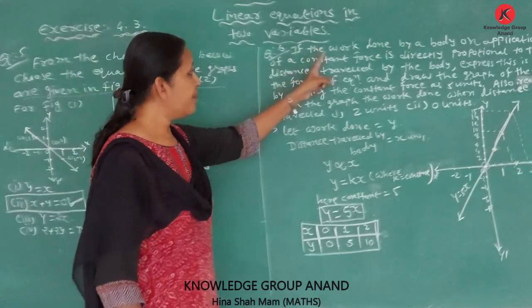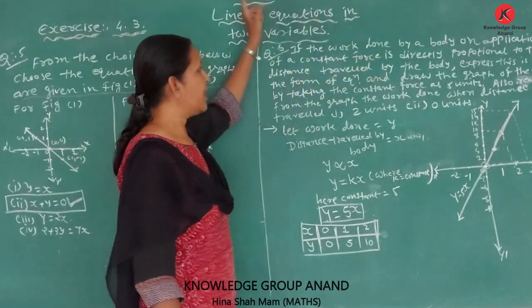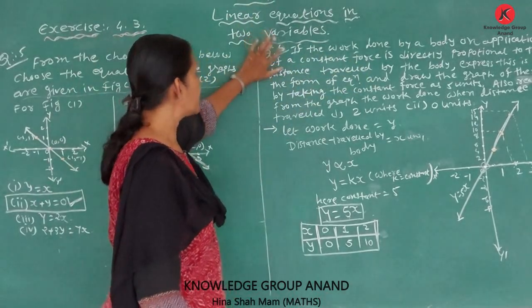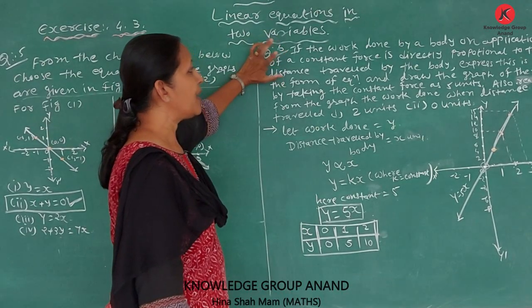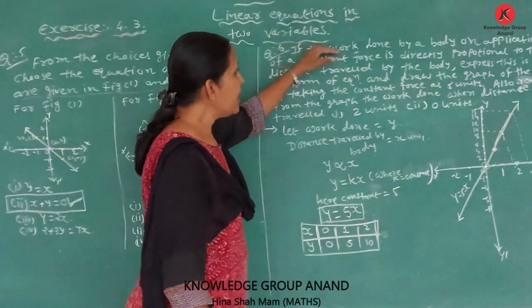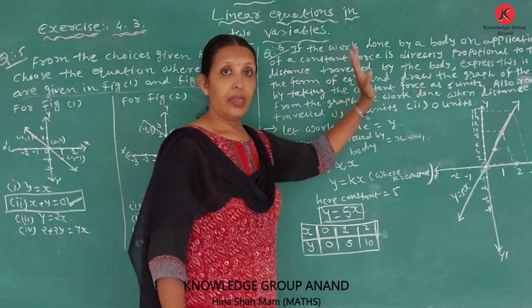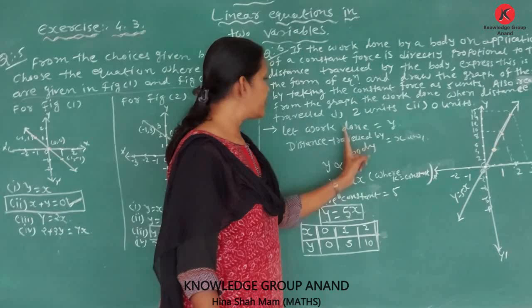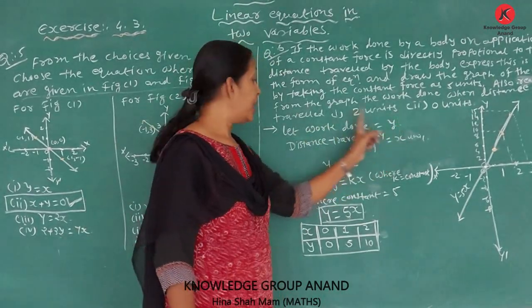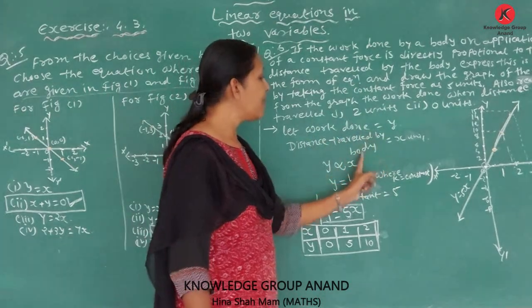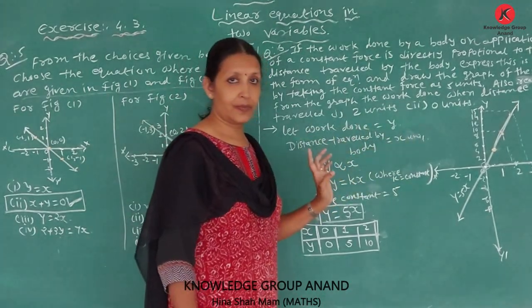Again, if the work done by a body on application of a constant force is directly proportional to the distance travelled by the body, first we take work done as y and distance travelled by the body as x.